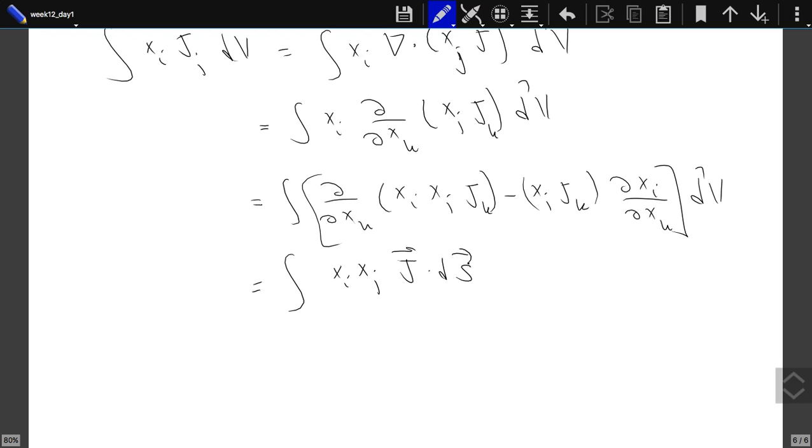Basically, this first derivative is nothing but the divergence of this thing. Let me write that step also. The first derivative is the divergence of this thing integrated over my volume, minus x_j j_k. That derivative is Kronecker delta ik.